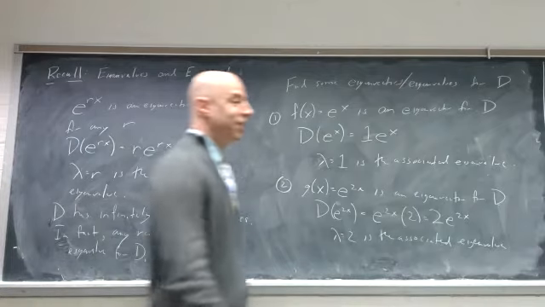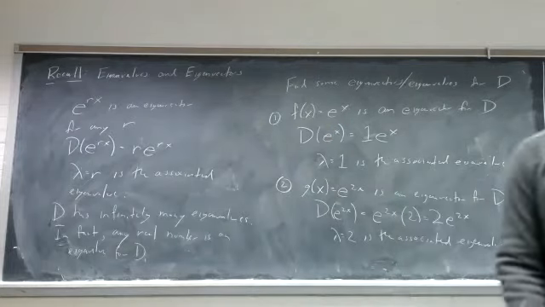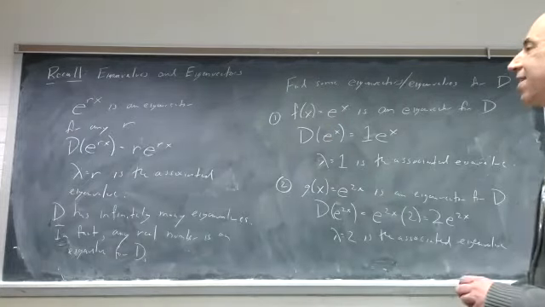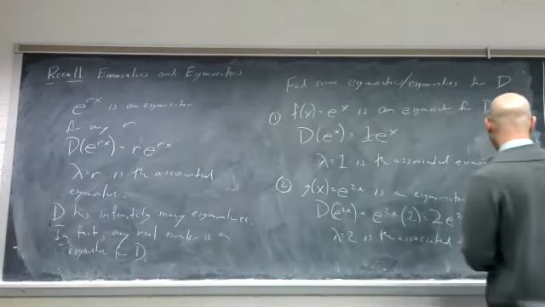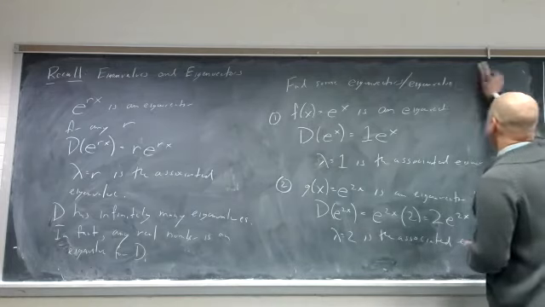The only reason we can have infinitely many different eigenvalues is because the space that we're in is infinite dimensional. So in finite dimensions, let's go back to n by n matrices.